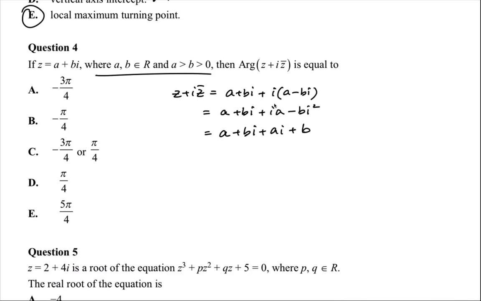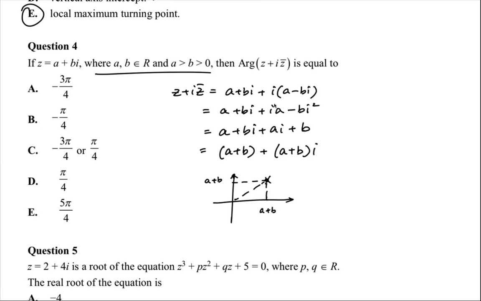So let's put this complex expression in a nicer way: a plus b plus a plus b i. Well, if you just draw a little diagram, this is a plus b, this is a plus b. So basically, this is referring to a complex number here, okay? So the angle, because the two sides of the triangle are equal to each other, is pi over 4, okay? It can only be option D, okay? It is impossible to get minus 3 pi over 4 because it's in the first quadrant.